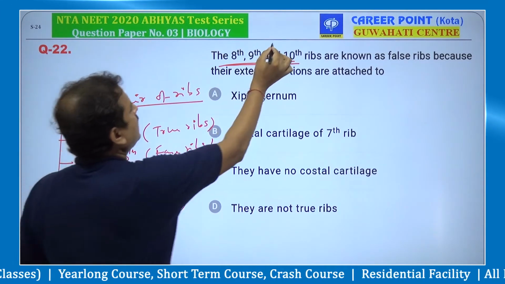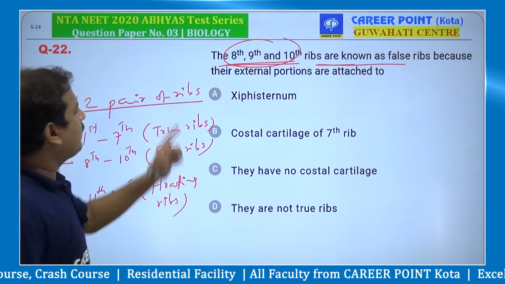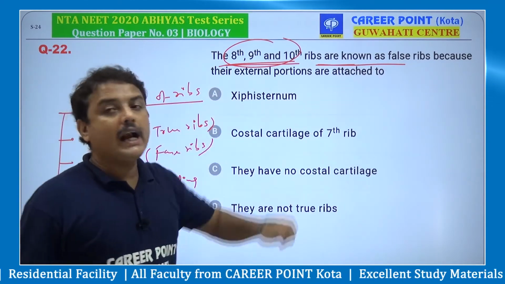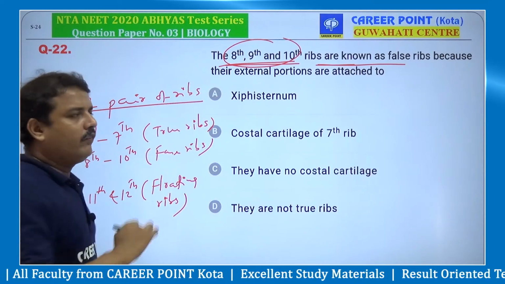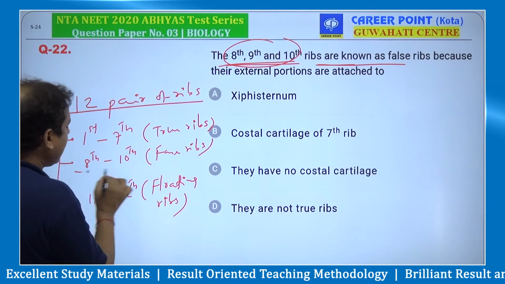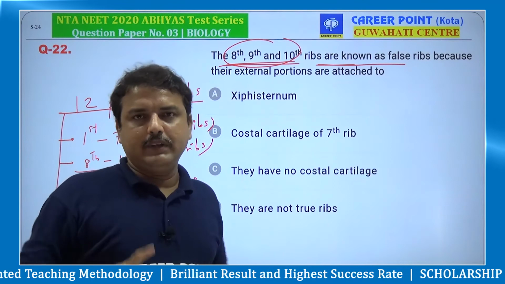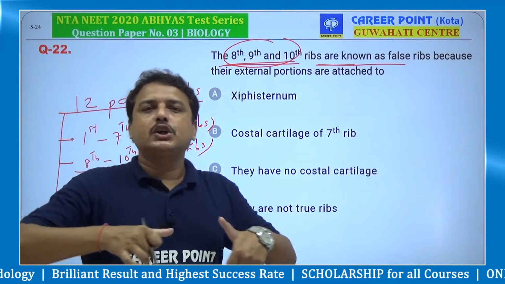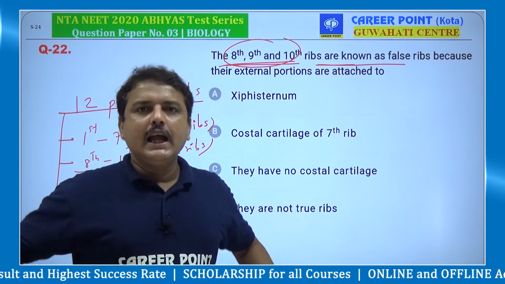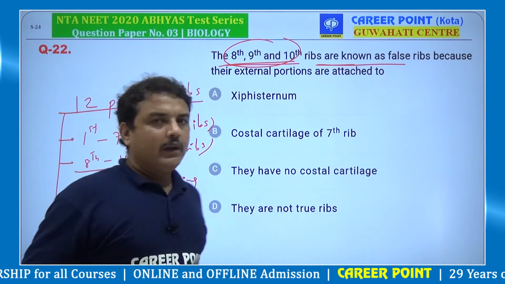So it is mentioned 8th, 9th and 10th are false ribs. Why are they called false? Because these 8th, 9th and 10th ribs are not directly connected to the sternum. As you know, ribs arise dorsally from the vertebral column and are attached ventrally to the breastbone, that is the sternum.